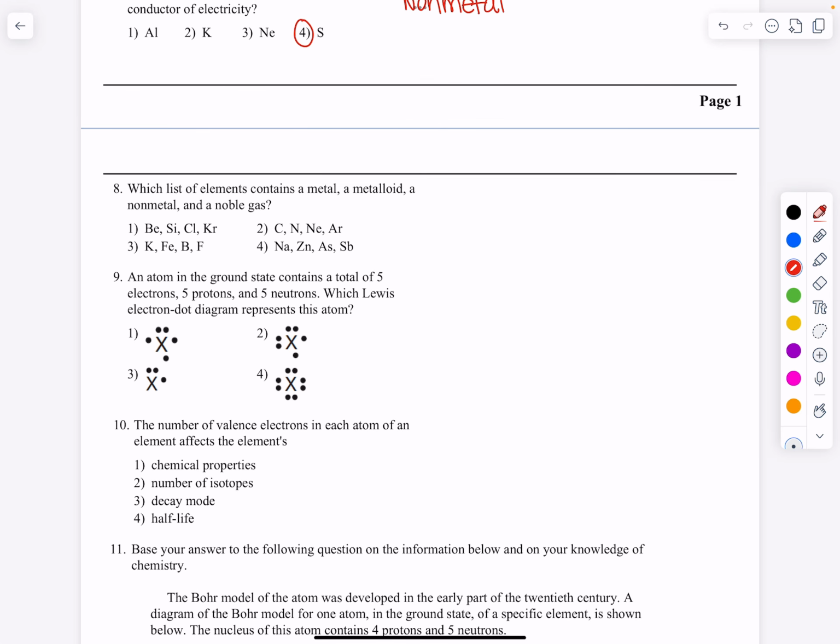Which list of elements contain a metal, a metalloid, a nonmetal, and a noble gas? I need all 4 of these in my list. So this just takes a lot of work and remembering each thing. Metals, let's define them. They're to the left of the staircase, besides hydrogen.